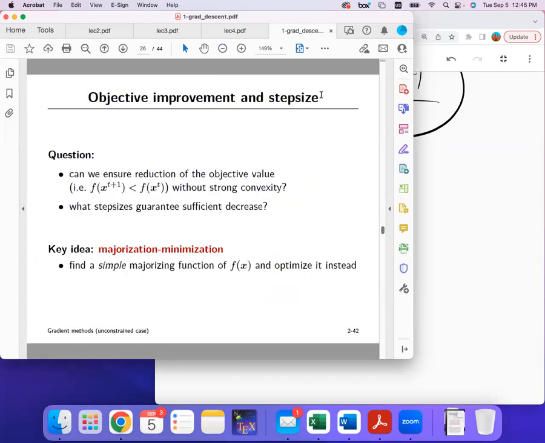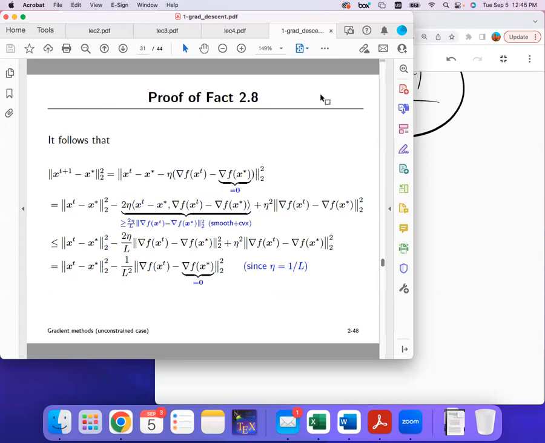Now we just directly apply this result. By utilizing that result, this inner product term is greater than or equal to 1 over L times this distance term.